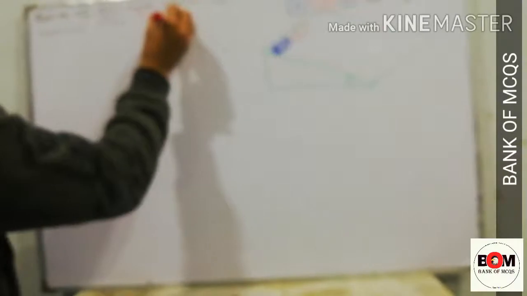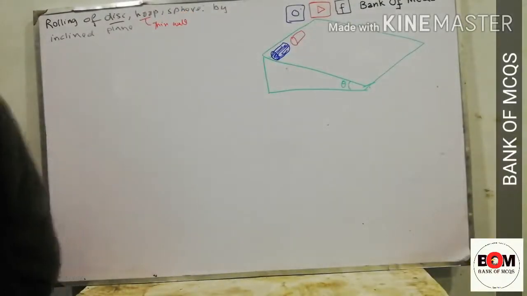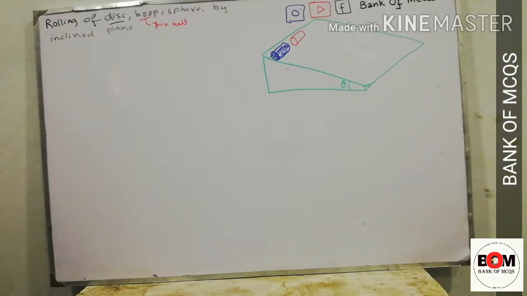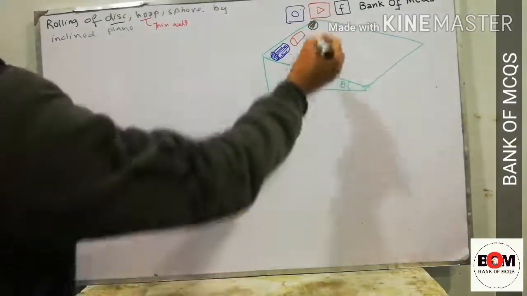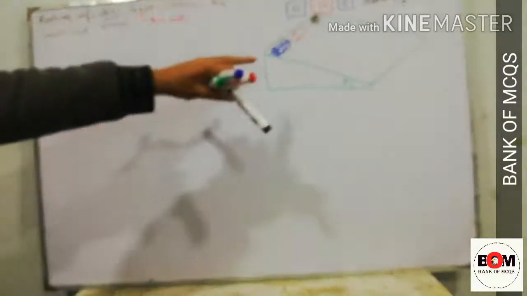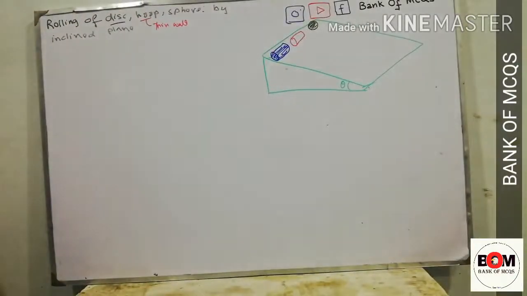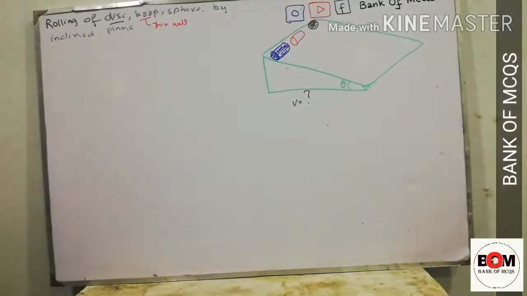This is also called a thin wall cylinder, and the third one is a sphere. So if we have these three bodies, which one will come downward first? The one that comes down first has greater velocity. So which one has greater velocity, we will find that.